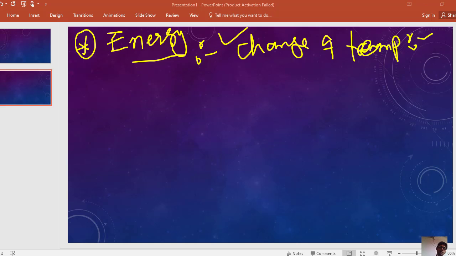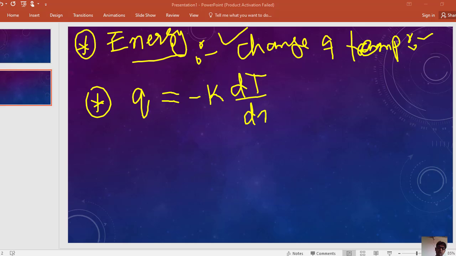The famous law for energy transport is the Fourier law of molecular diffusion, which shows that the heat flux is equal to minus k into dT divided by dx. Here k is the thermal conductivity and dT/dx is the temperature gradient.